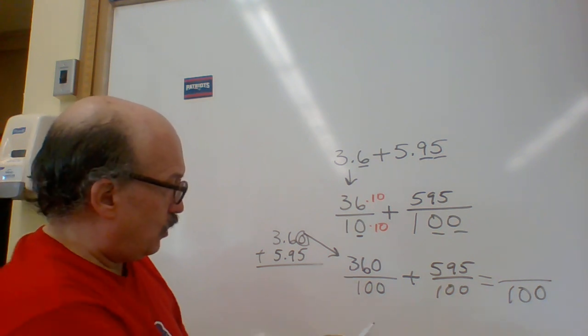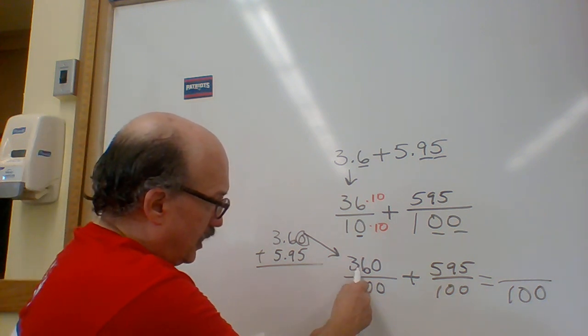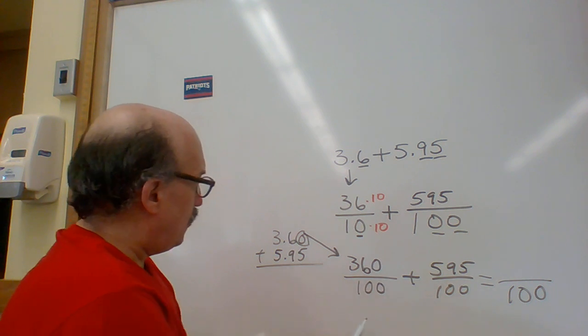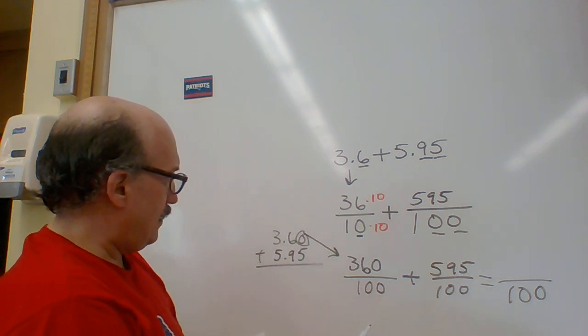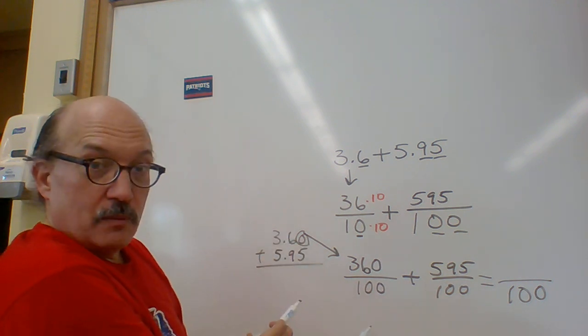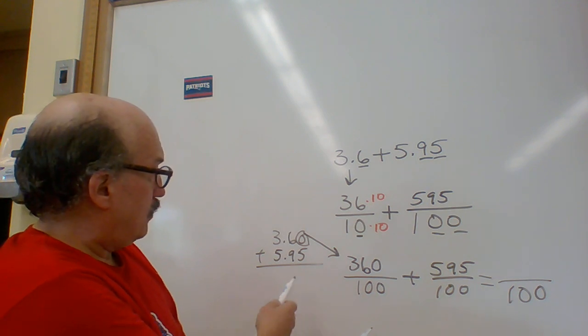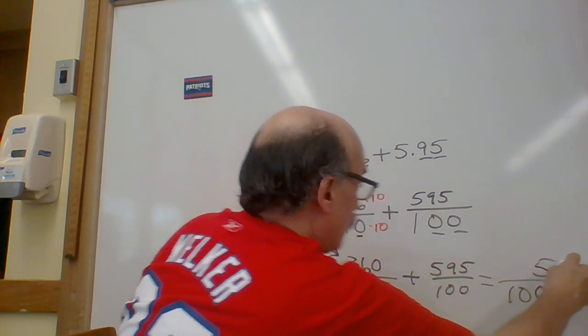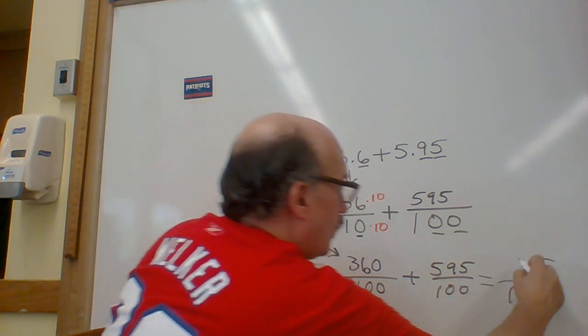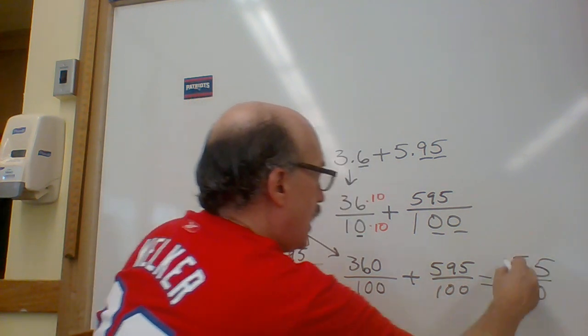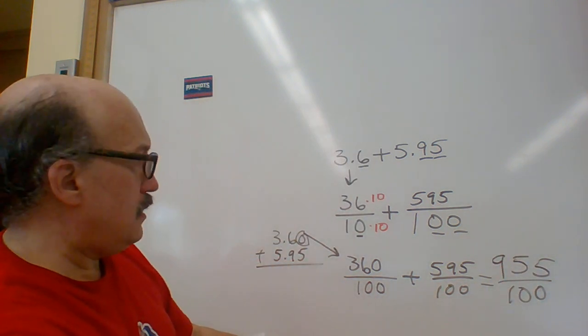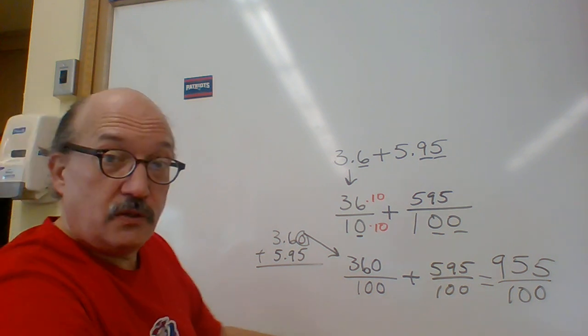And 360 over 100, there are 2 zeros here, so the decimal point is here, 3.60, okay? And I already added the whole numbers and then brought the decimal point straight down. There was a 5 over here, right? 15 carry the 1, a 5, and a 9. Is that right? Yes. So that's the answer.